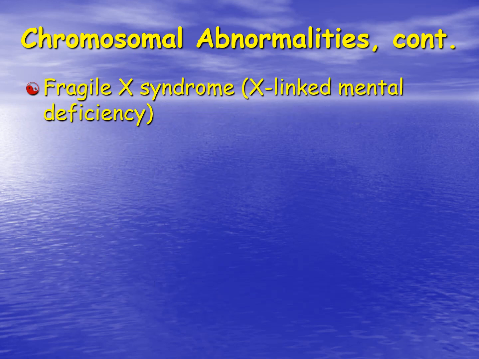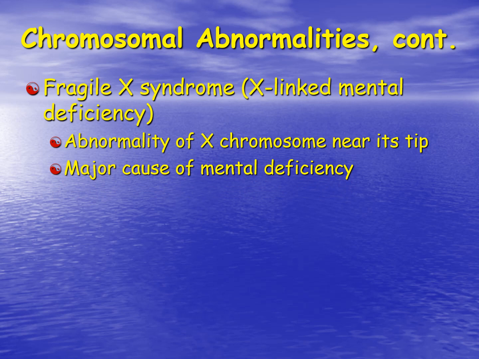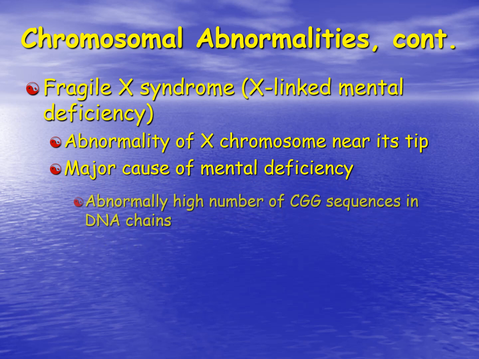Now, another chromosomal abnormality that is found in the 23rd pair is something known as Fragile X syndrome, or this is also sometimes called X-linked mental deficiency. This is an abnormality of the X chromosome near its bottom tip, and it is a major cause of mental deficiency.